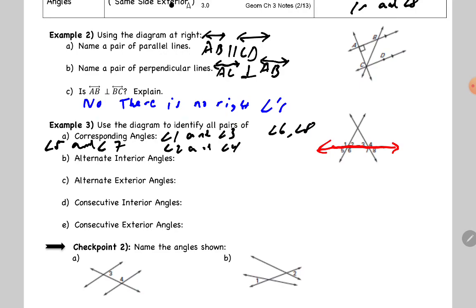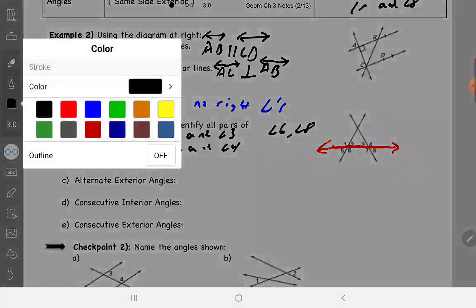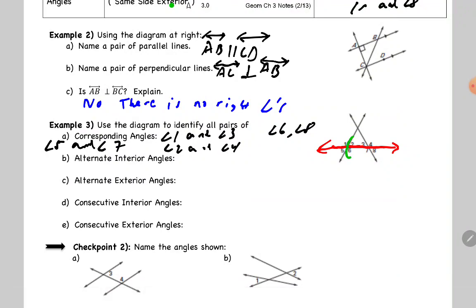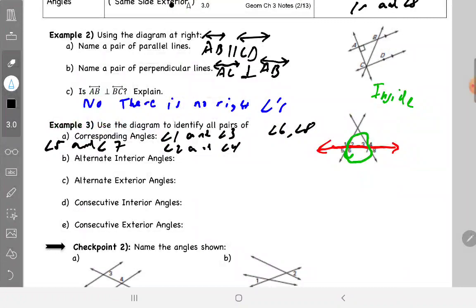Okay, alternate interior. So the inside this time, let's mark that in green, and then outside for anything that's outside there.